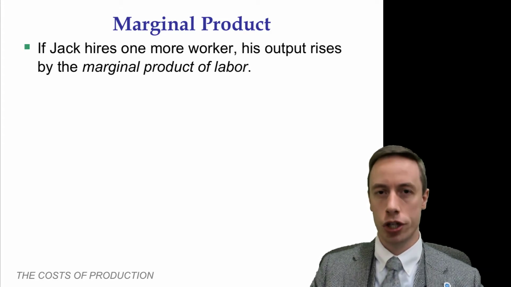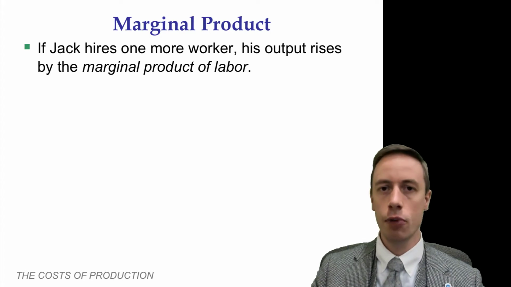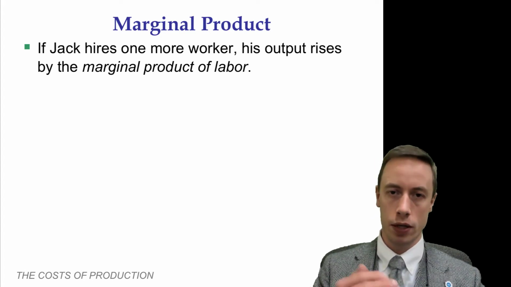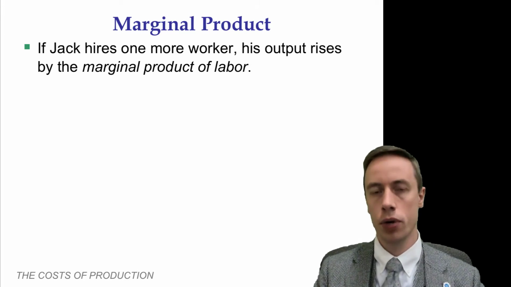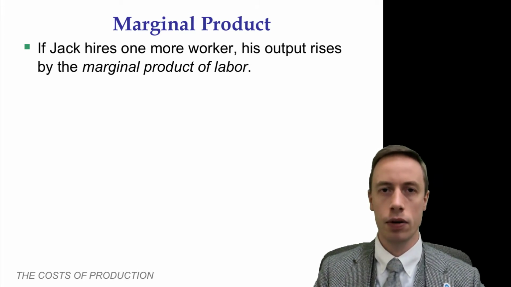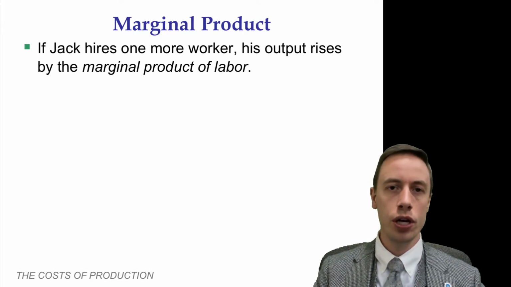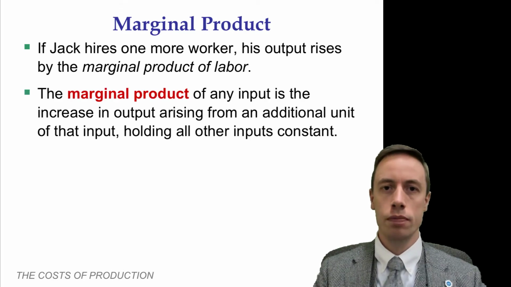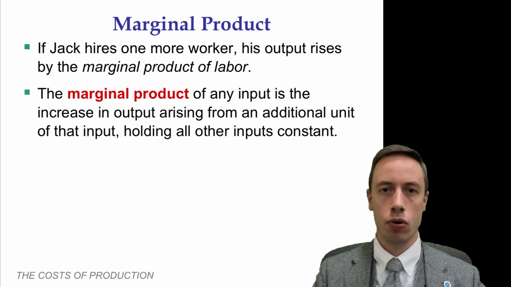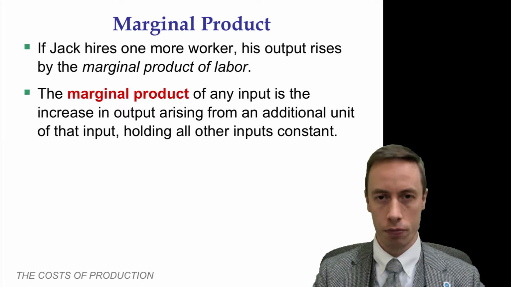The margin is the idea that we're thinking about a process stepwise, one increment at a time. So for example, we can look at Jack's farm and ask ourselves, how much does production increase for every additional worker he hires? In general, you can calculate the marginal product for any input of your business.